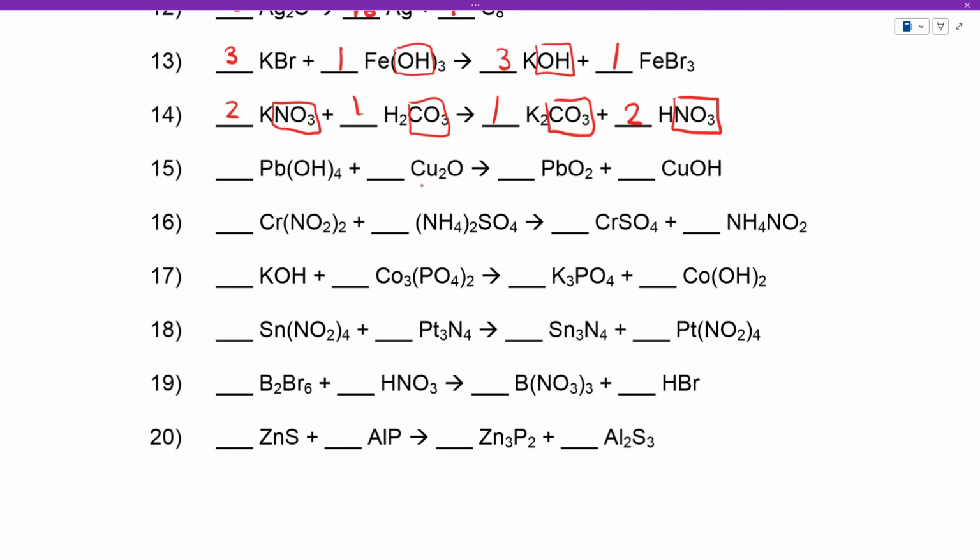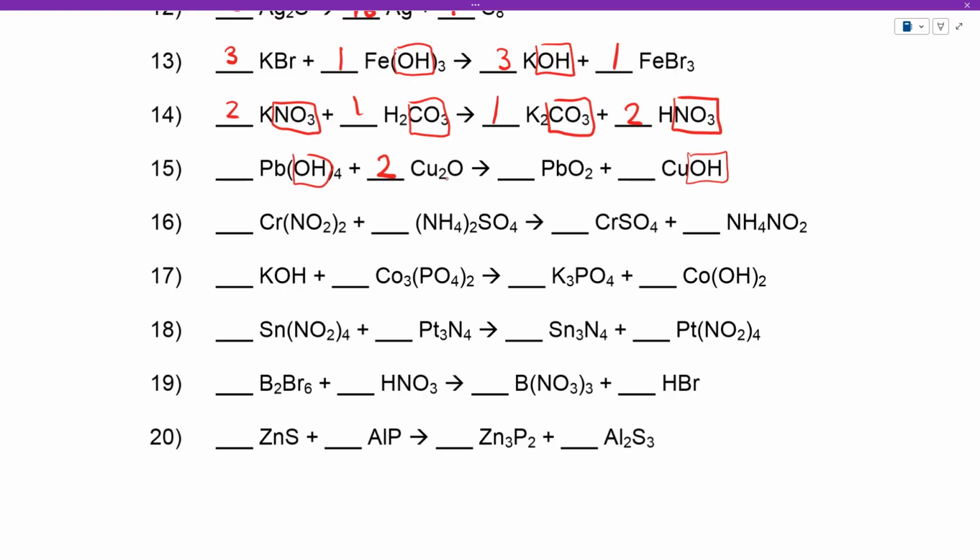Next, PbHO4 plus Cu2O yields PbO2 plus CuOH. These OHs don't separate. So over here we have 2 oxygens. Over here we only have 1 oxygen.